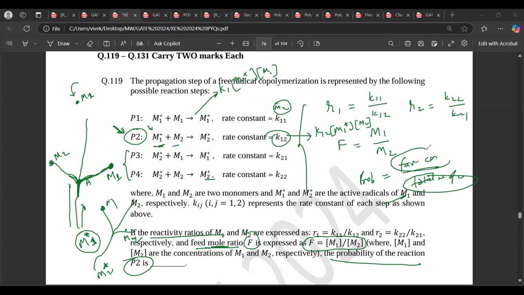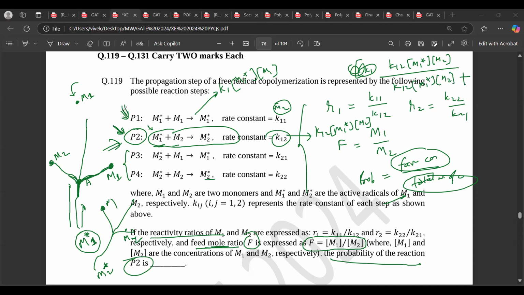So the probability of P2 is the rate of this reaction, because we want to calculate for this, divided by the total. The total is the rate of this plus the rate of this. It's a very simple question, but that is the total rate.